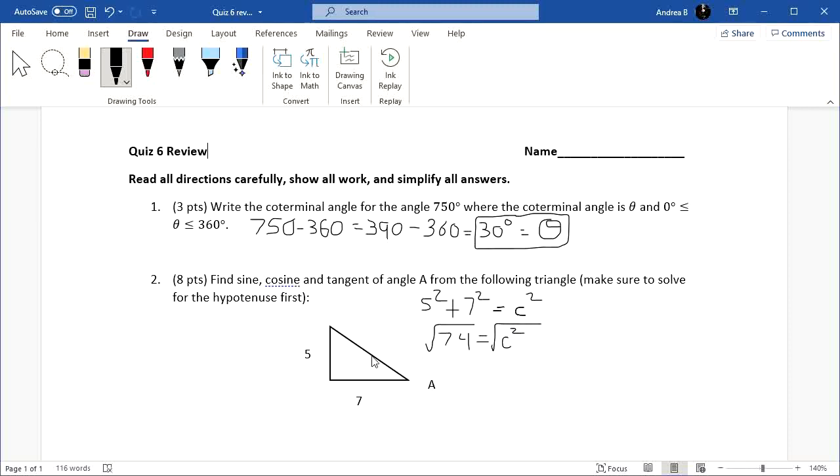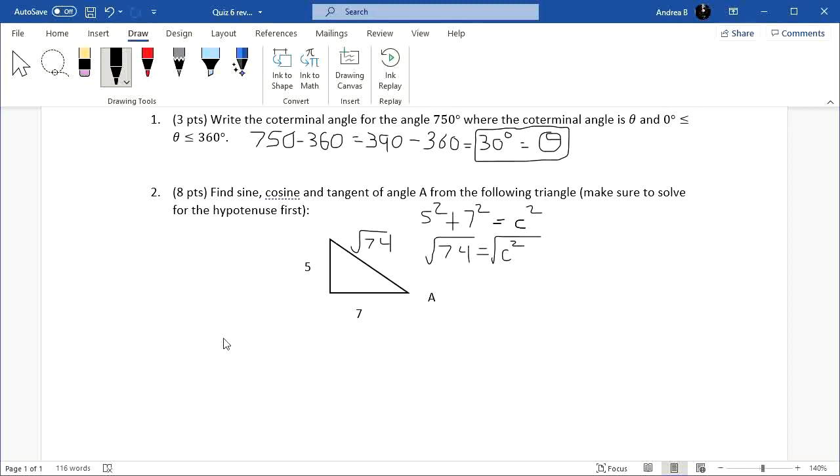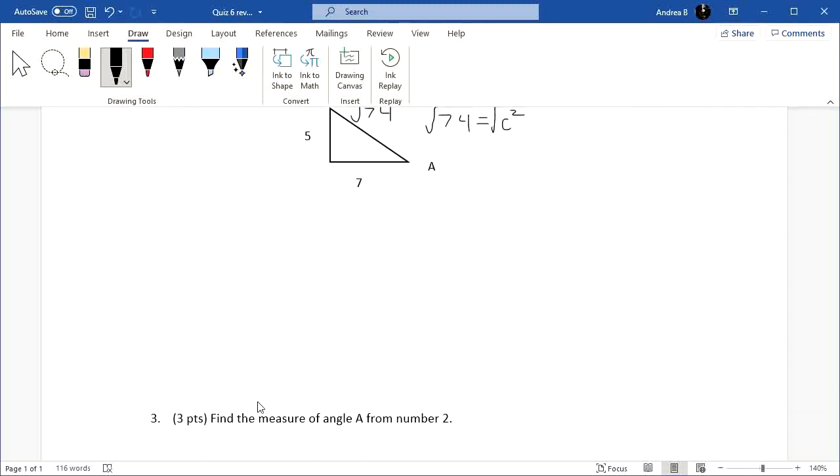In this case, our hypotenuse is equal to the square root of 74. And that square root is not going to simplify, so we'll leave it as is. Do not round it. We want to keep it exact, otherwise it's going to throw off the rest of your answers, because we'll also be using it for number 3 as well.